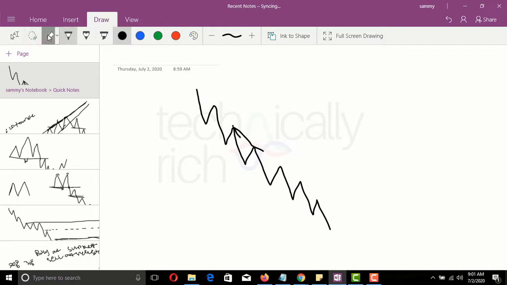I'm trying to get this really straight. Do not force your trend line. This is really not that straight, but you just get the message.